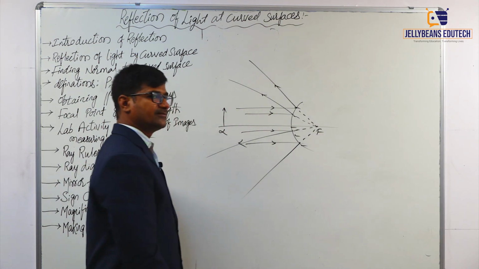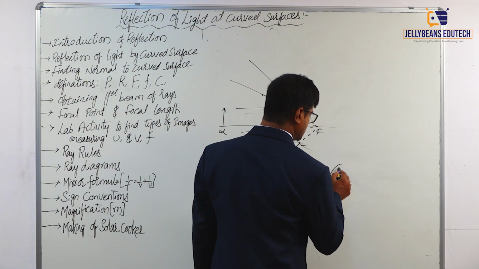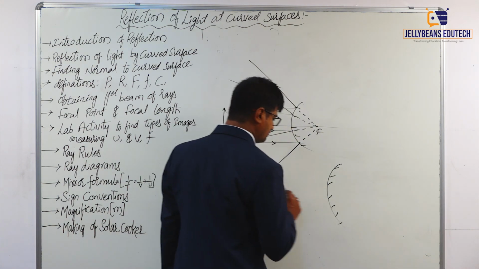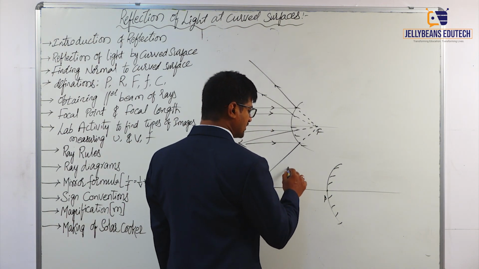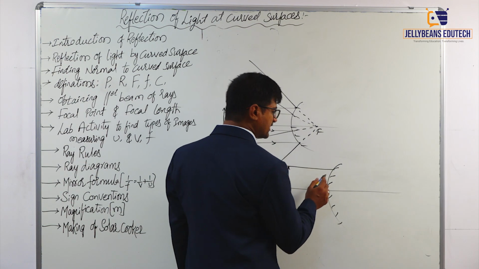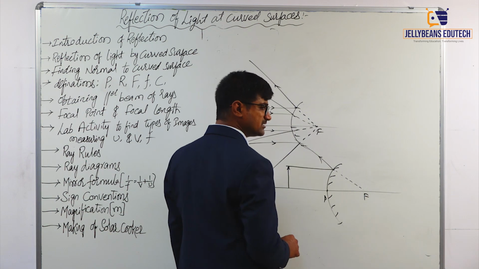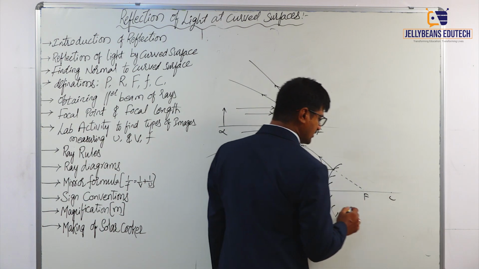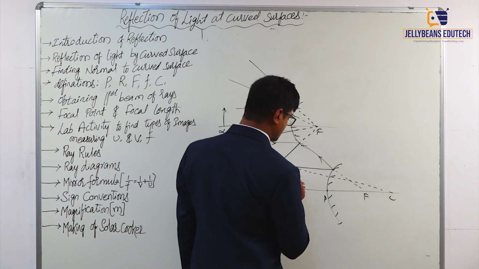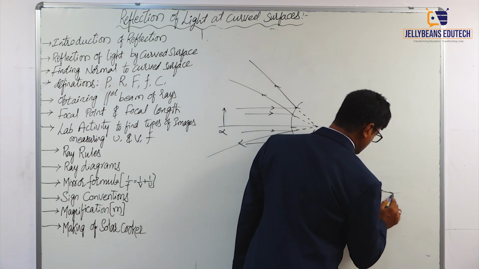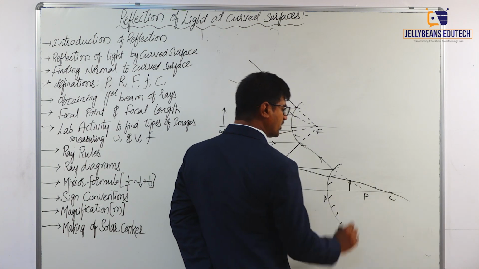This is F. So when the object is at infinity, and when the object is in between infinity and pole, here we consider the light ray parallel to the principal axis, and after reflection it appears to be passing through the focus like this. In the second case, the light ray passing through the center of curvature, then this light ray will intersect at a point here.